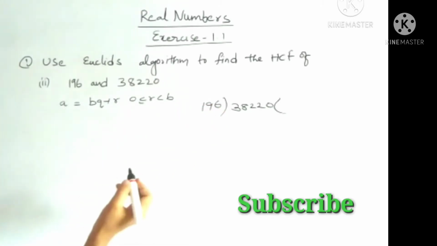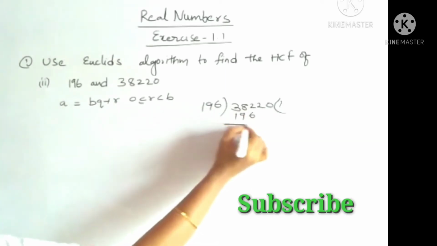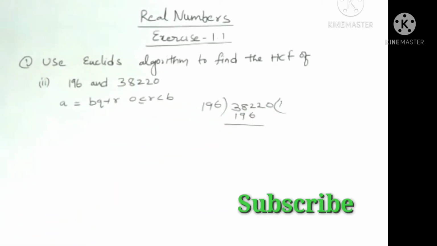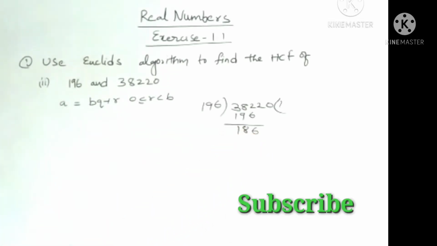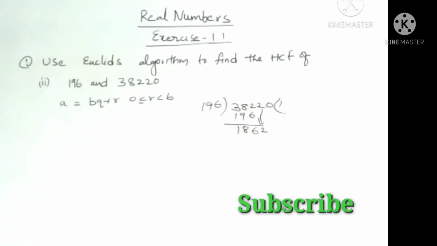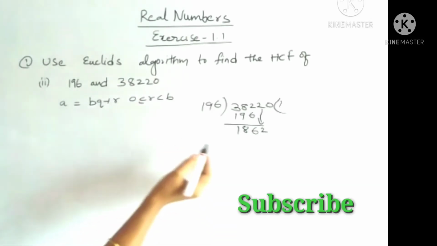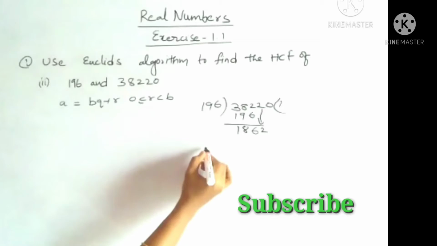First, 196 ones are 196. If we subtract, here we get 186 and 2 will come. Now how many times does 196 divide? 9 nines are 81, right? So 196 nines must be less than 1800. We are guessing like that, and you should check by multiplying also.